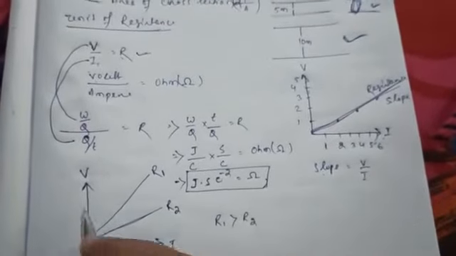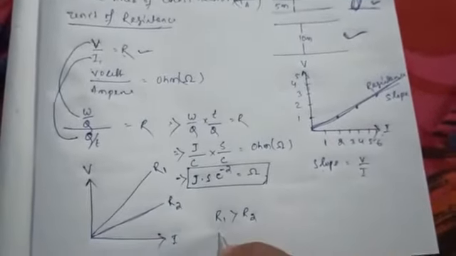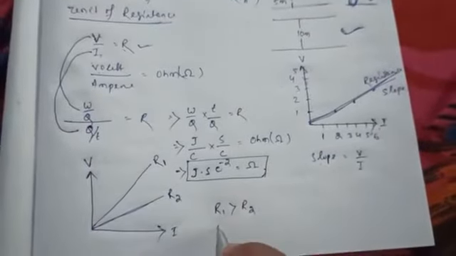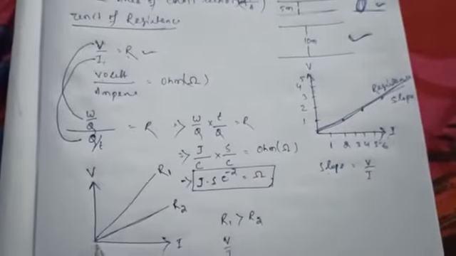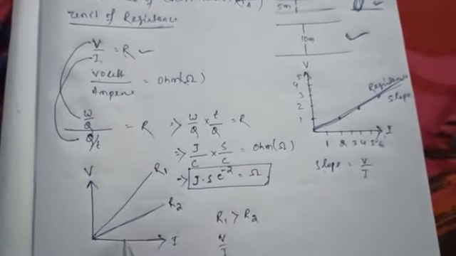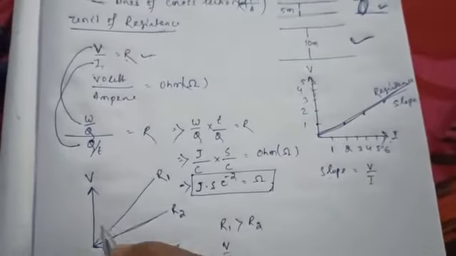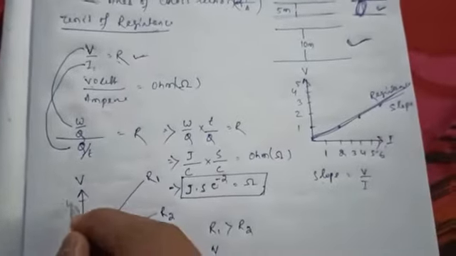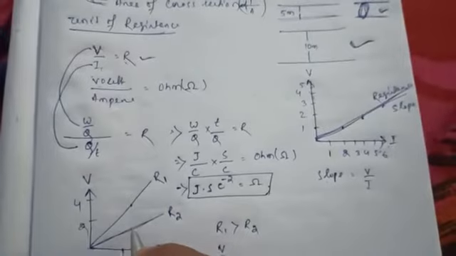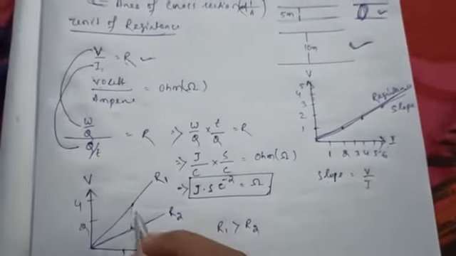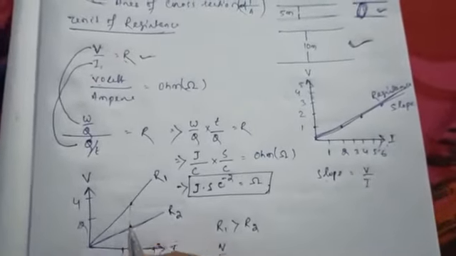How? We know the formula is V by I. Suppose I take the same height at this point.